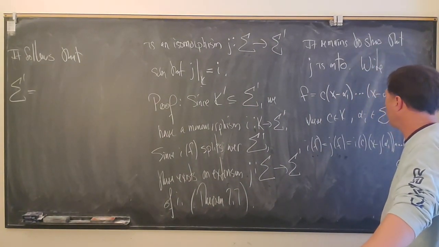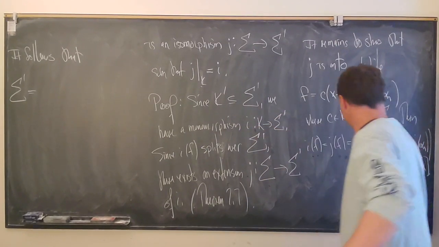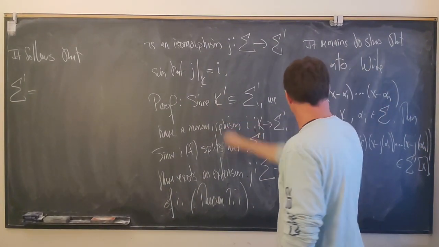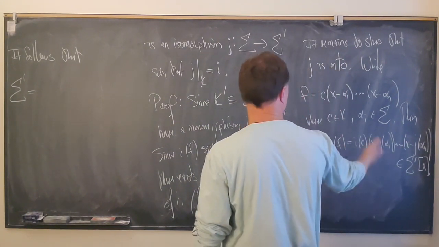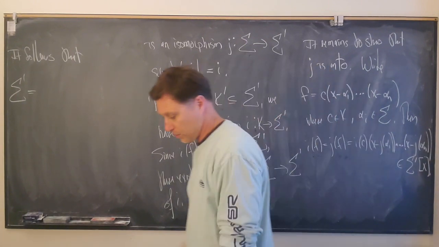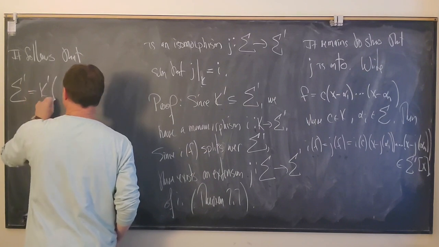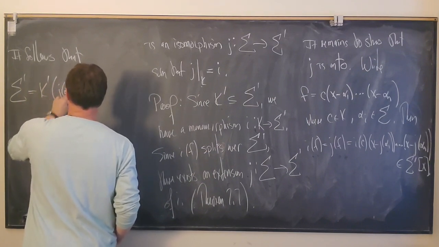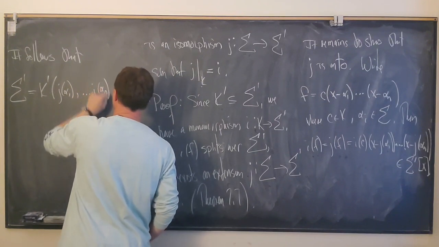You take the field of coefficients, which in this case is going to be K prime, and adjoin the roots. Well, who are the roots going to be in this case? We can see it's split right here, so it's J of alpha 1 up through J of alpha n. So sigma prime is equal to K prime adjoin J of alpha 1 up through J of alpha n.